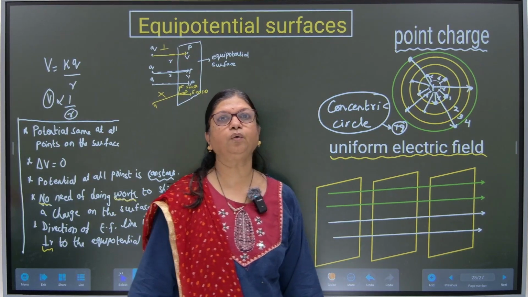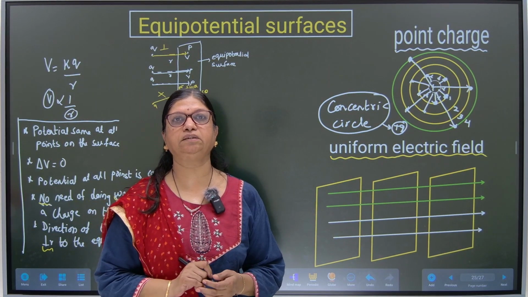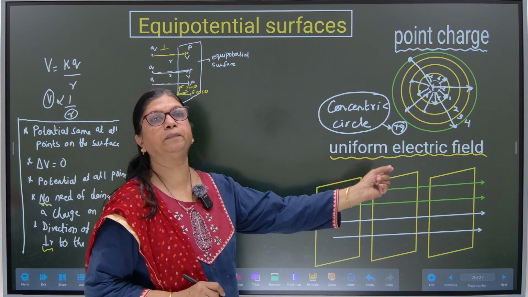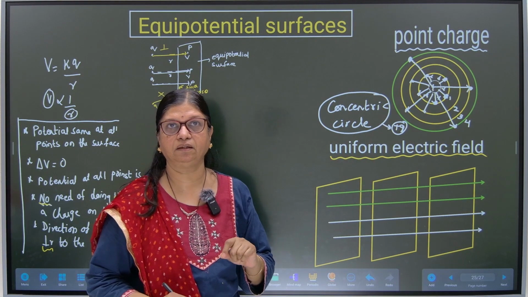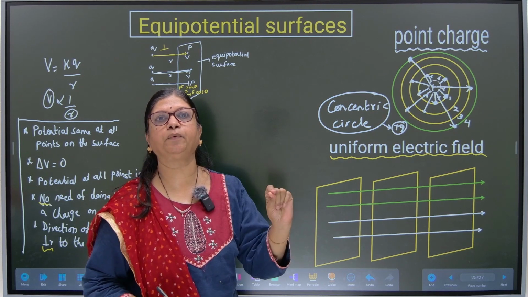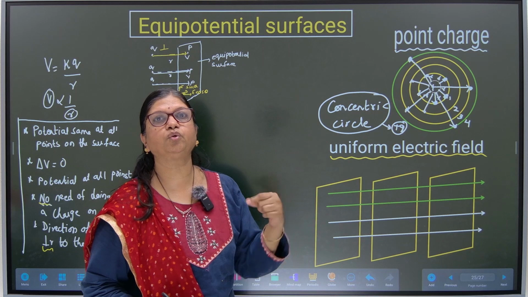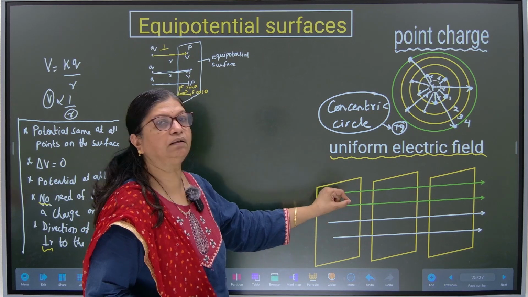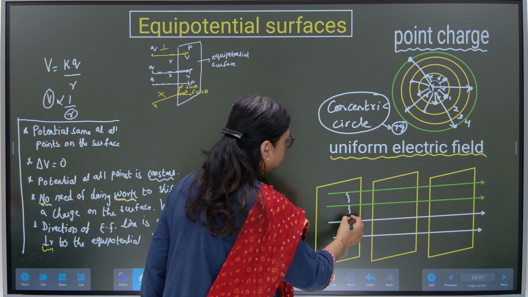Okay. Now let us draw the equipotential surface for a uniform electric field. Now what is a uniform electric field? How can we represent it? The electric field at every point is the same. Then how do we represent it? You can show parallel lines which are equidistant from each other.